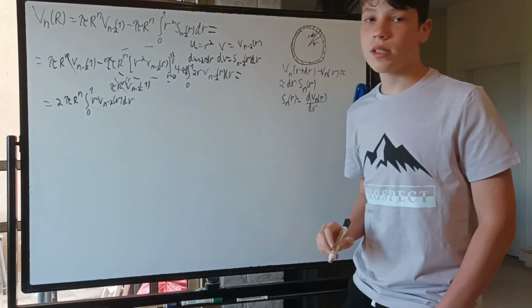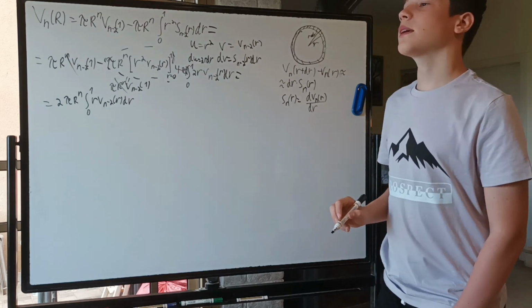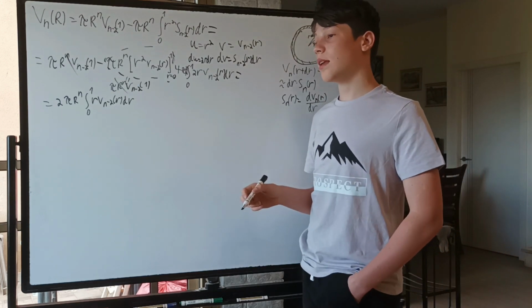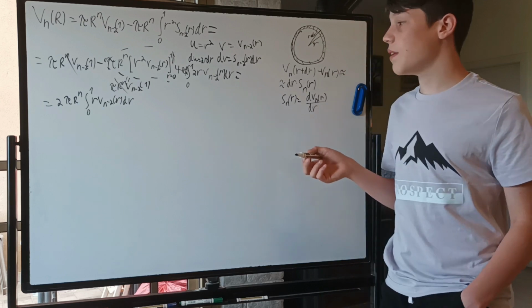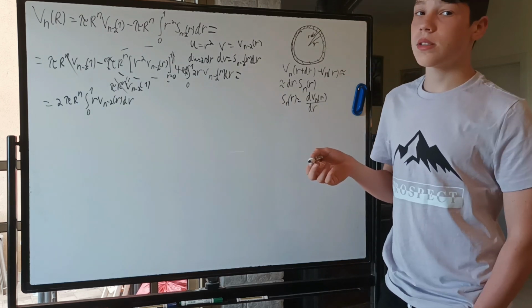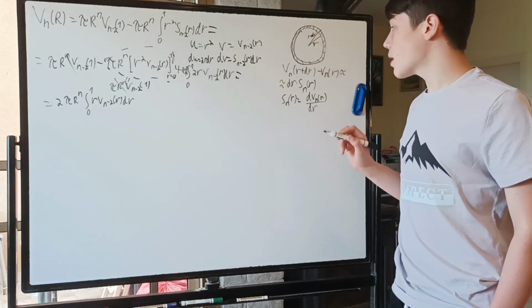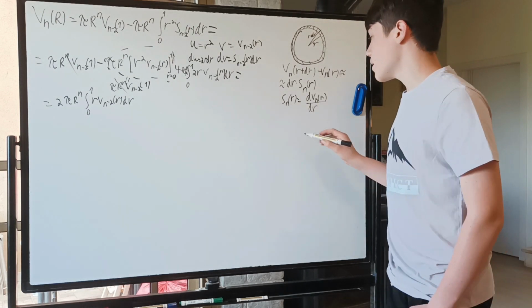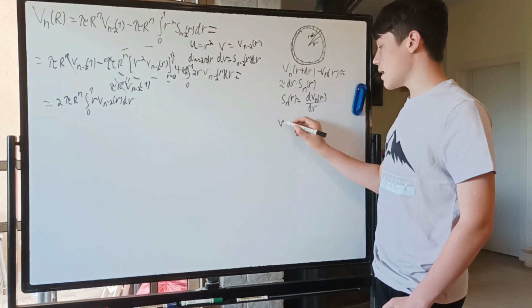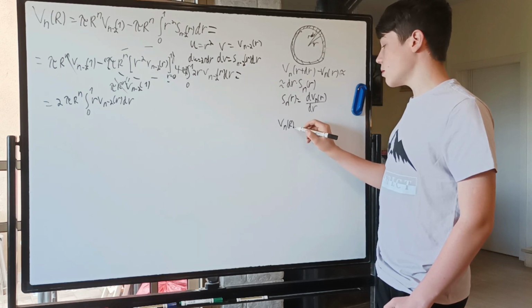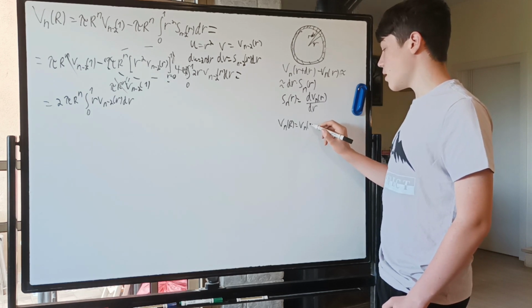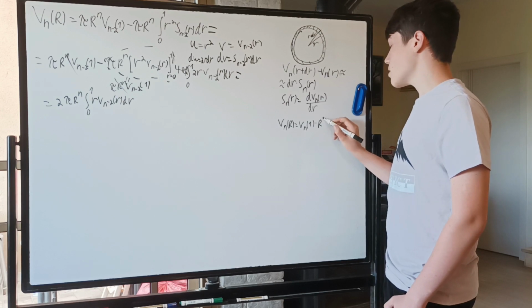Now we did reduce our integral, but it seems like we need to reduce it again, and to do that we need to know what the integral of V_{n-2}(r) is. But actually, we can use something very clever. We said in the beginning that V_n(r) is V_n(1) times r to the n.